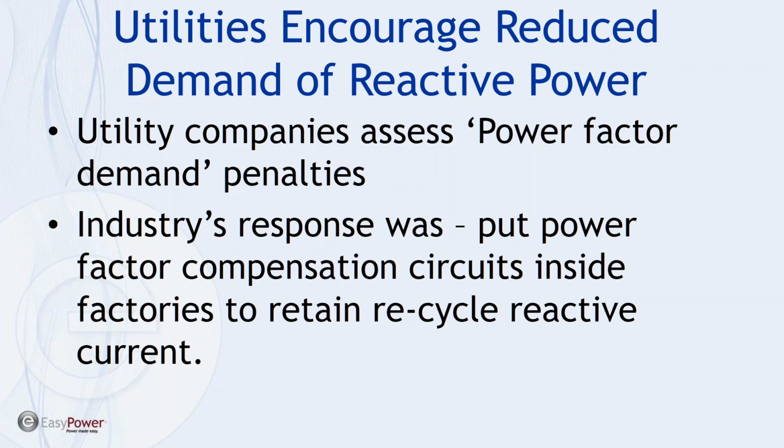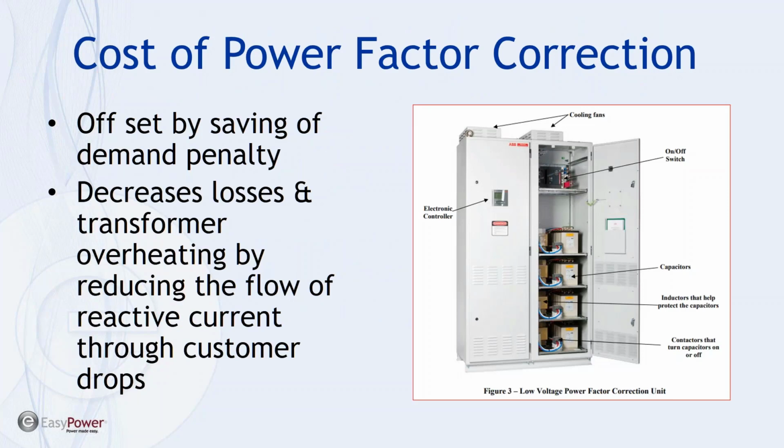So industry's response to this was to put power factor compensation circuits inside the plant or inside the facility to recycle this reactive current and thus relieve some of the strain on the utility. So for the better part of the 1980s, the battle cry, or at least the vogue in power quality circles, became the promotion of power factor correction.